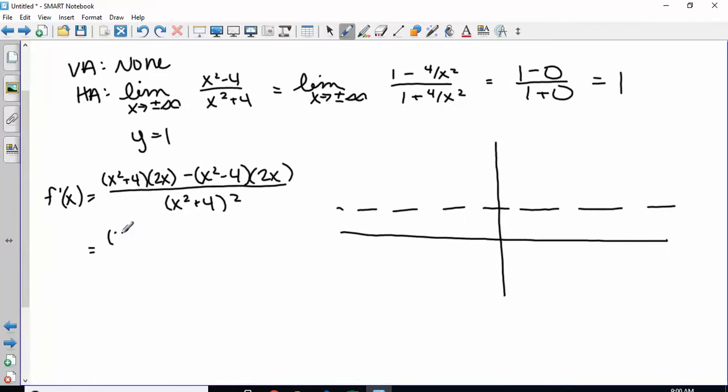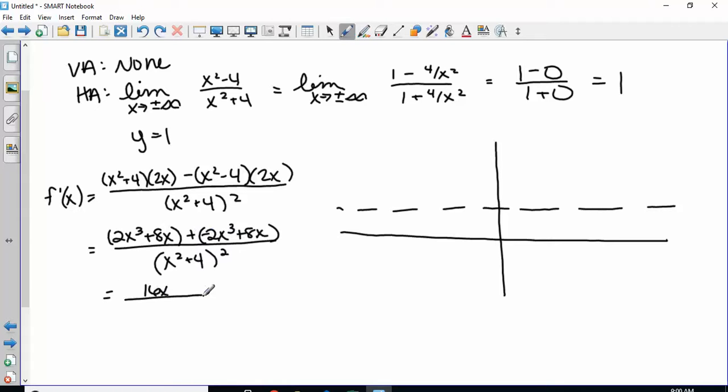All right, so this gives me 2x cubed plus 8x minus 2x cubed minus 8x. 2x cubed and negative 2x cubed will cancel. 8x and 8x gives me a 16x over (x squared plus 4) squared.